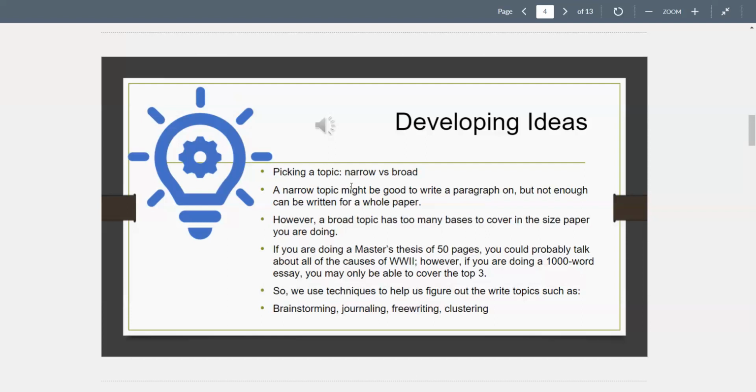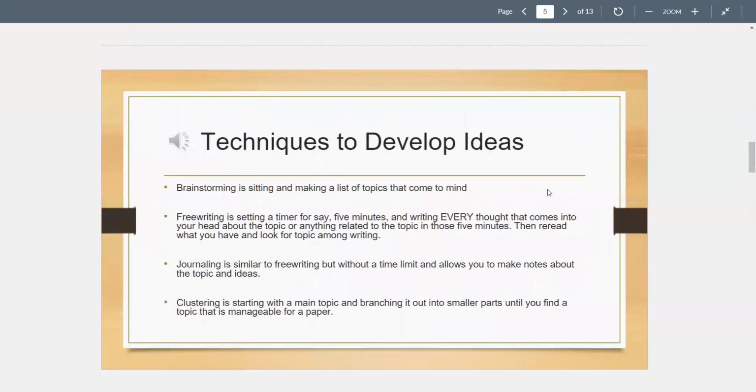So some techniques that we use to help us figure out what we're going to write about are brainstorming, journaling, rewriting, and clustering. So these techniques, brainstorming is we're sitting down, we're making a list of topics that come to mind. What do we want to write about? If we already have a broad topic that we've been assigned, what could we break it down into?